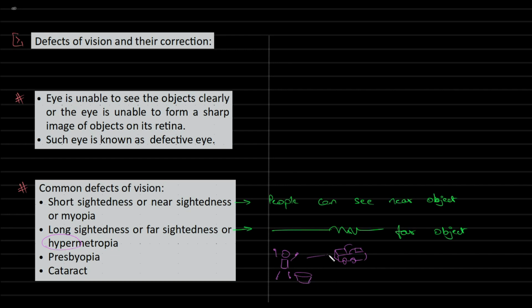They keep running towards the toy, making the things around them fall. So they see the far away distance, but not the near ones, because they are hyper. I don't know if that helps. So hypermetropia, also known as far-sightedness, because they see far, and this near part is blurry. This is not visible. It's blurry basically. This they can see.